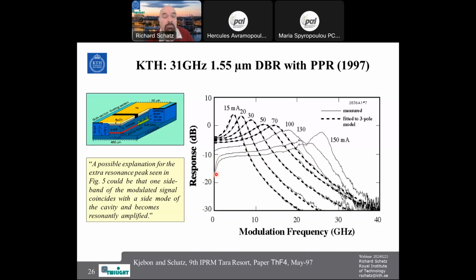This may also occur when you modulate your laser at low frequencies, because the modulation efficiency will depend on the impedance of a laser, and the impedance of a laser at low frequencies can change due to different effects. Here, however, since it's only seen at high bias, I think it's the spontaneous emission in the side mode that is modulated here and is out of phase with the main mode. All right, thanks. You're welcome.